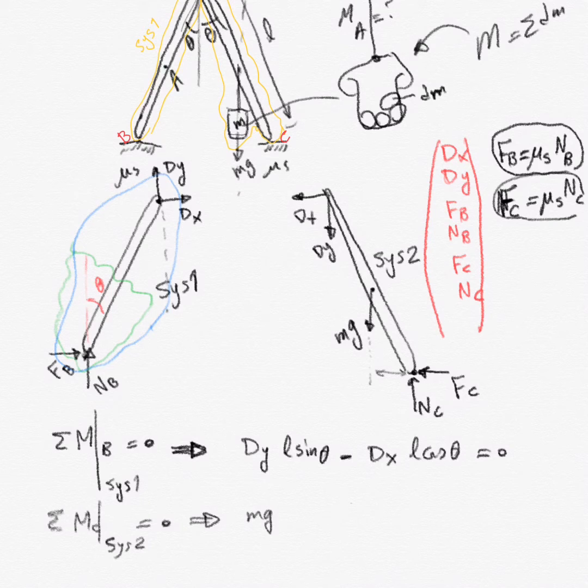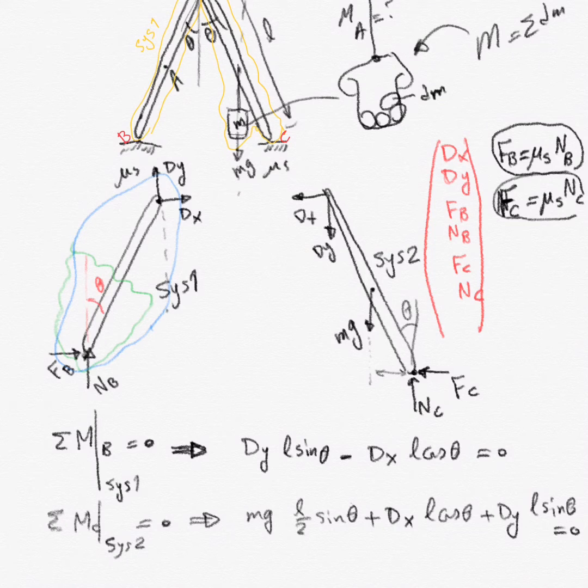If that's theta, then this is also theta. So the moment arm is L over 2 sine theta times mg, and it's positive. Then plus dx times L cosine theta plus dy times L sine theta is equal to 0.